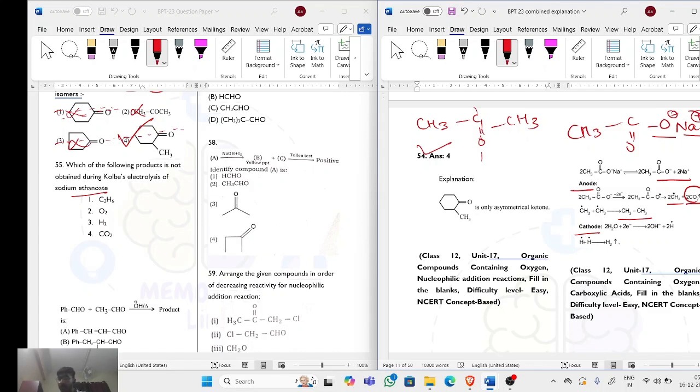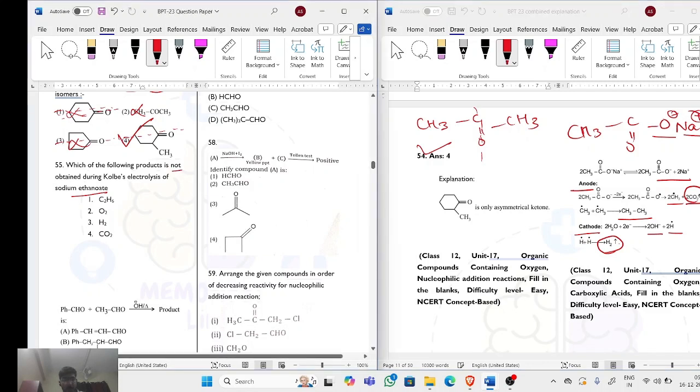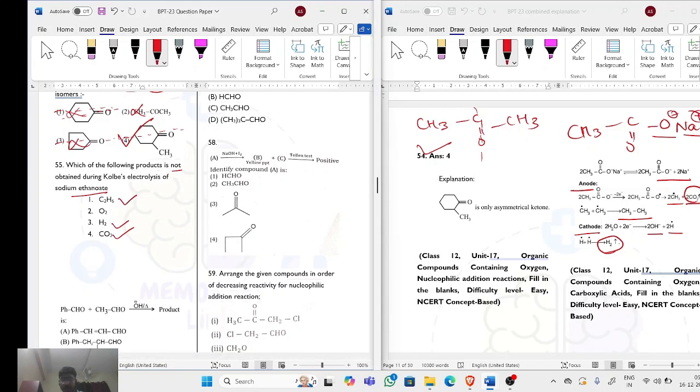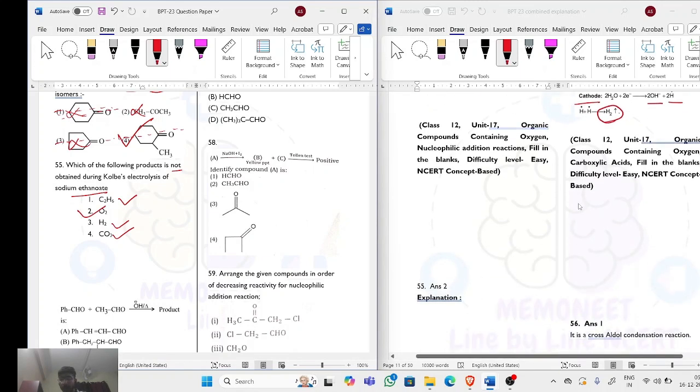A separate process is carried out at the cathode. H2O plus 2 electrons forms OH minus and H radical. Then H radicals will join and form hydrogen gas. So we have to find which product is not formed. CO2 is formed, H2 is formed, and C2H6 is also formed. So the correct answer will be option number 2, which is oxygen, O2. Oxygen will not form here.